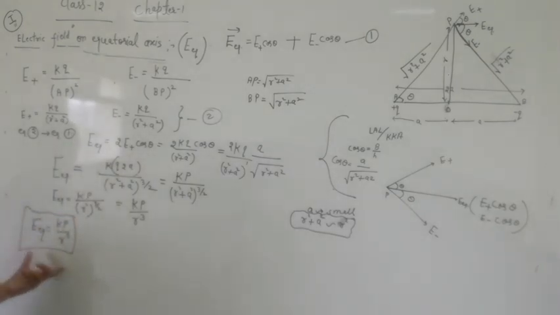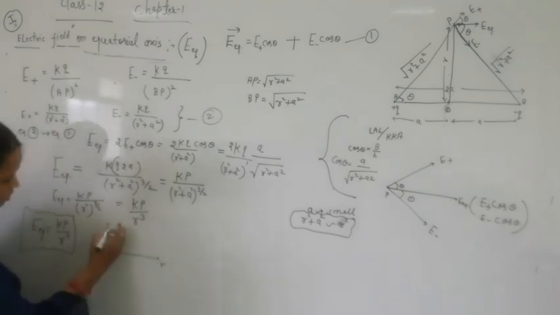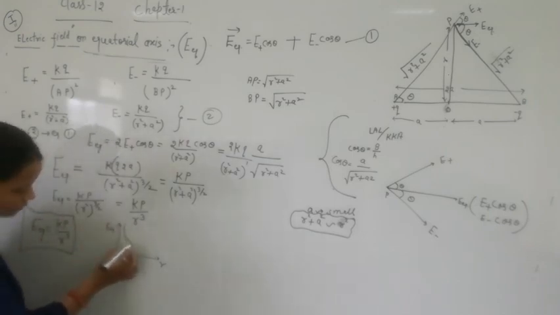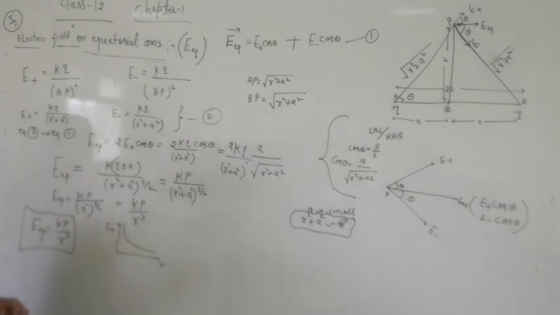What is the observation here? On the axial axis, the electric field is 2kp upon r cube, but on the equatorial axis it is only kp upon r cube. Again, the graph is the same: it is inversely proportional to r cube, so the hyperbolic nature is also here.